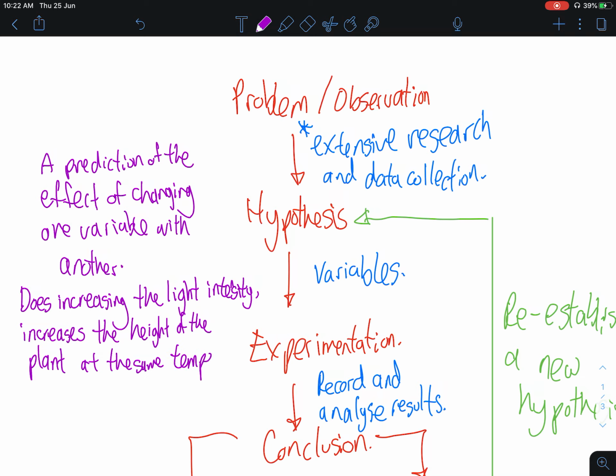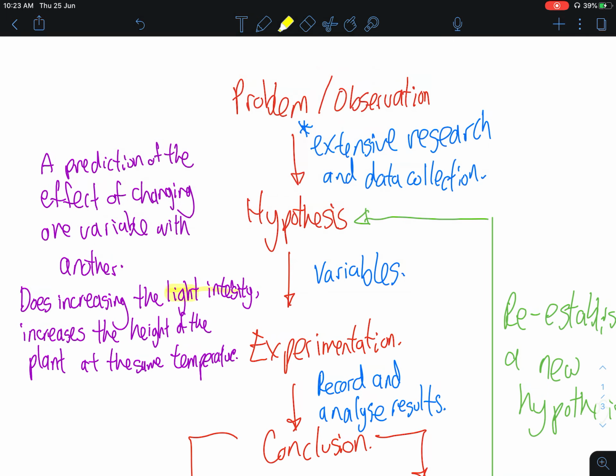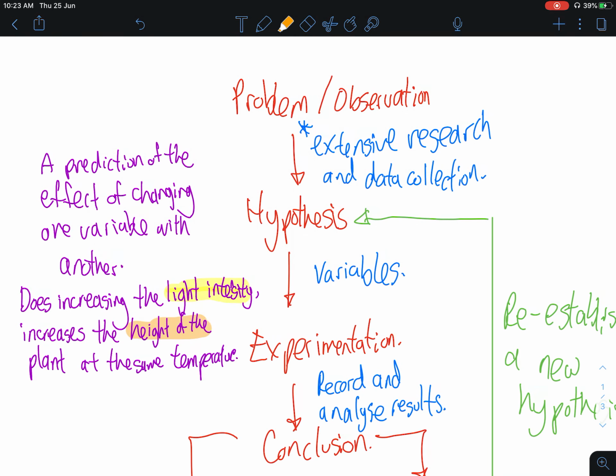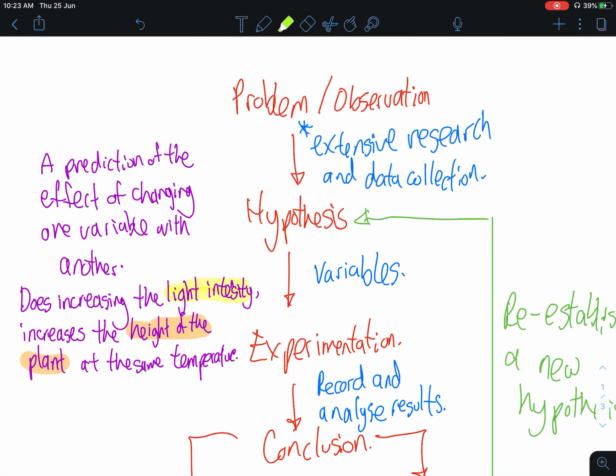So what you can see here is an example of a hypothesis, where what you are trying to investigate is, by understanding light, how much light is required, will it actually affect the height of the plant, assuming that the temperature is always the same. Now, the reason why I highlight these 3 points is because there are 3 types of variable.